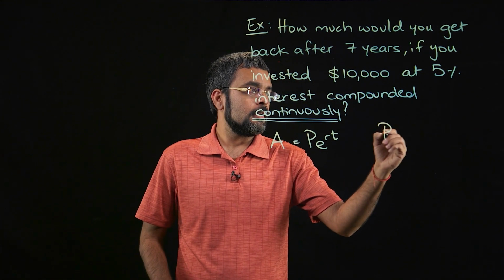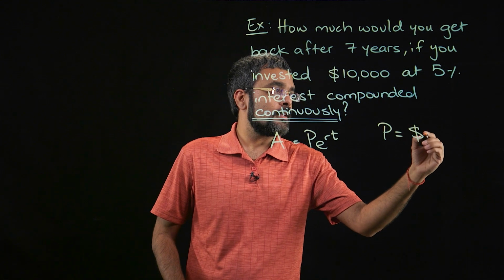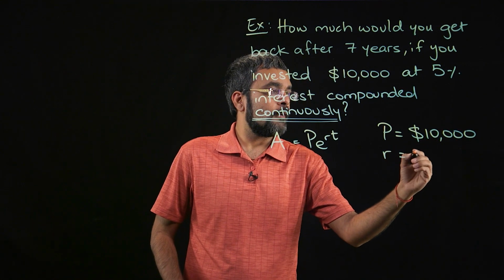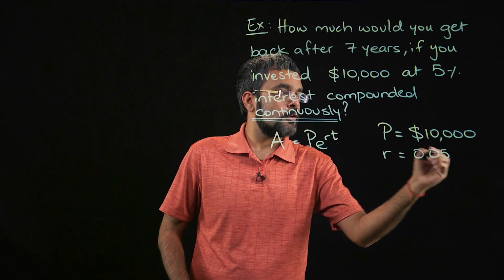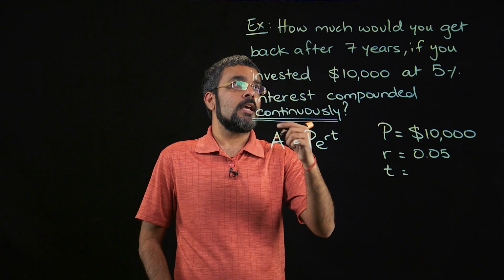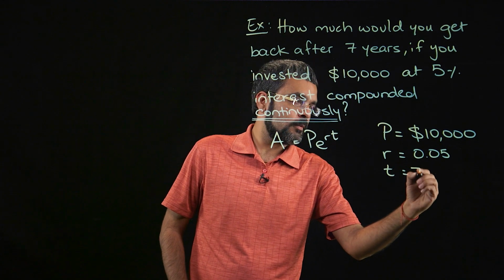Well, let's see what we have. P is $10,000. That's the invested amount. R is 5%, so for us that'll be 0.05. And then t, we want at the end of 7 years, so it's going to be 7.